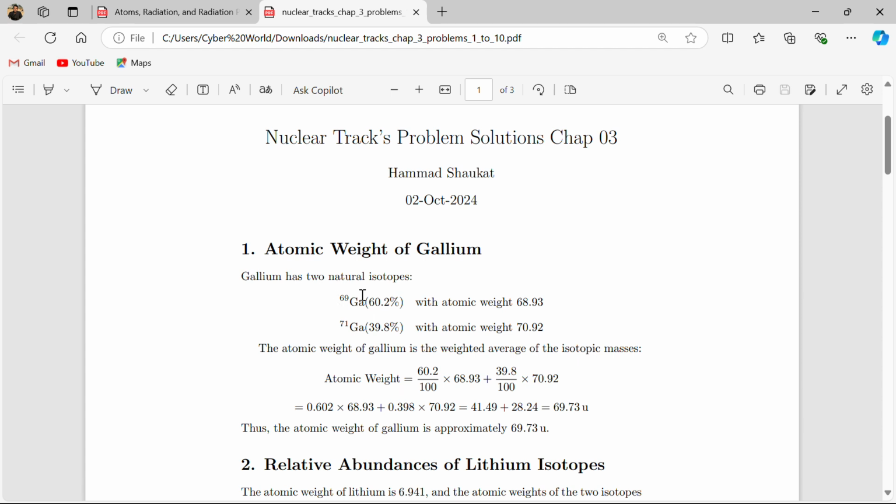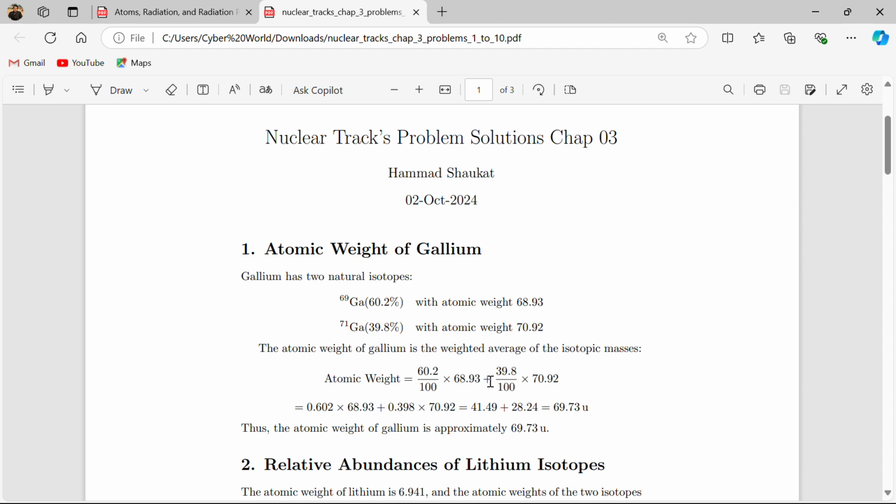So for the case of gallium 69, this is 60.2%. Convert this percentage by dividing 60.2 by 100, which gives you the weightage. So the weightage of gallium 69 is multiplied by its atomic weight, which is 68.93. Similarly, for gallium 71, divide its percentage by 100 to get the weightage, multiply by its atomic weight, and finally sum both to find the total atomic weight.